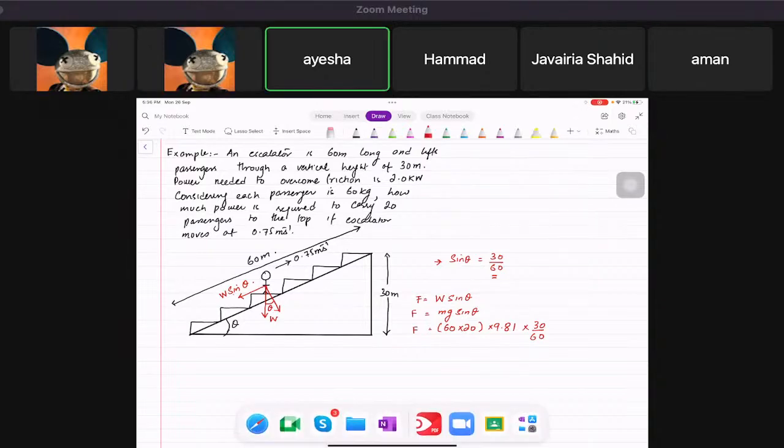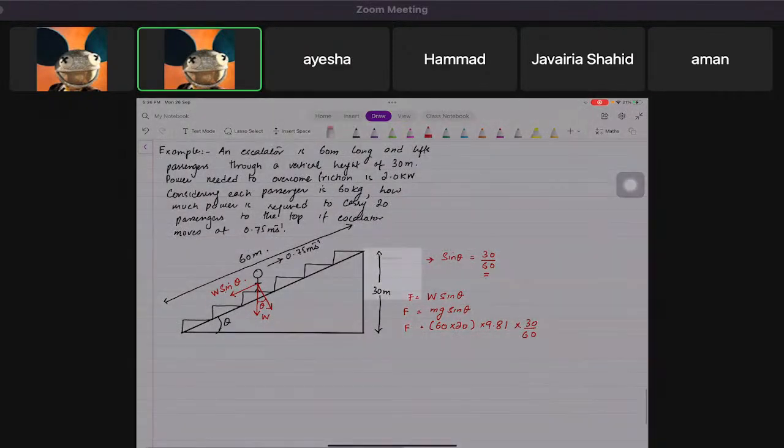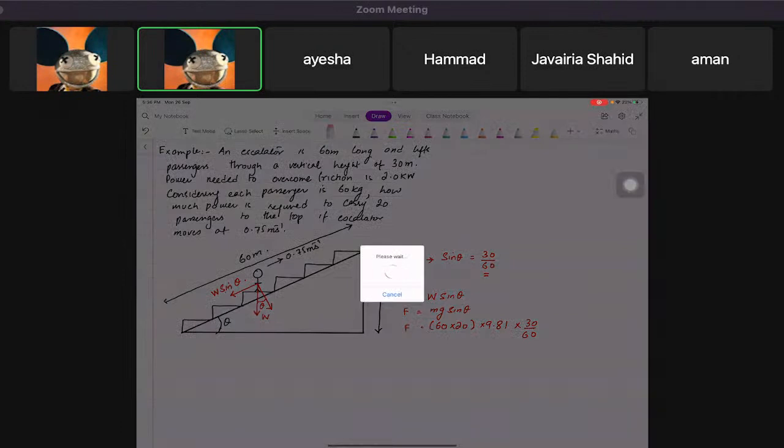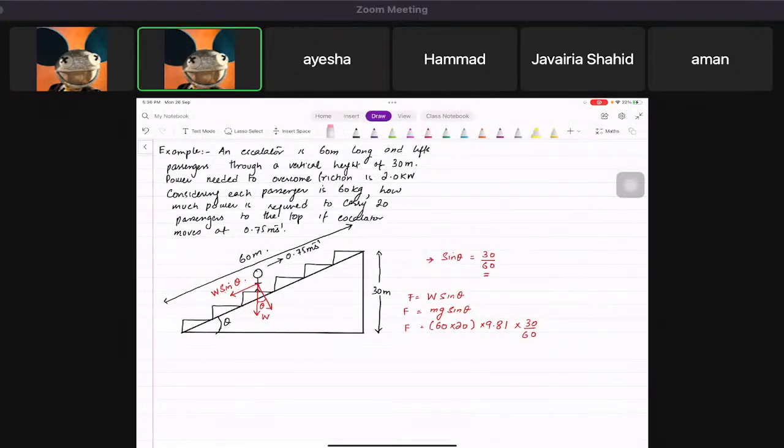Sorry, can you repeat it? Yes. You see, Aisha, there were 20 people of 60 kg, right? Yes. So the total mass would be how much then? 1200. 1200, right? Which is 60 times 20. So we got the mass. If I want to find the weight, shouldn't I just multiply it by 9.81 then?